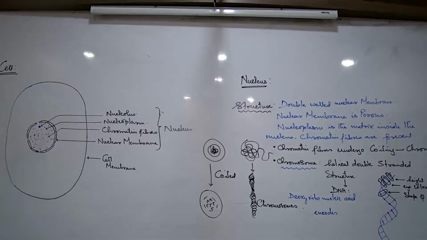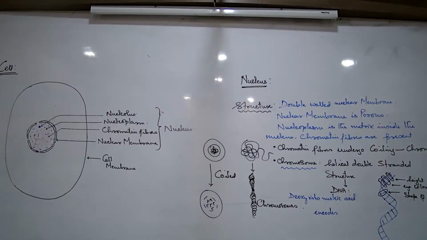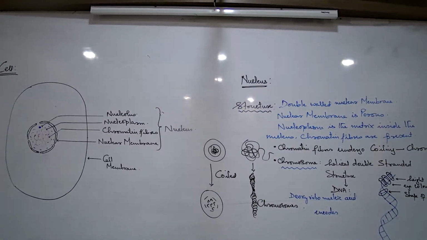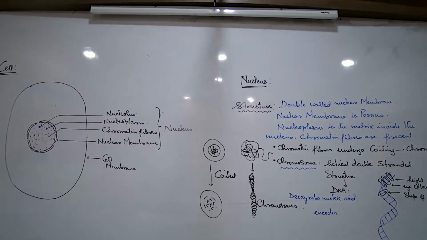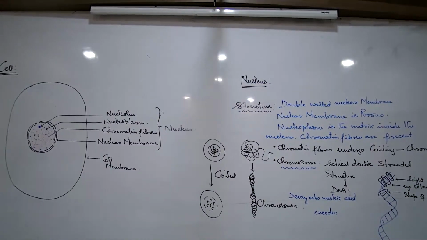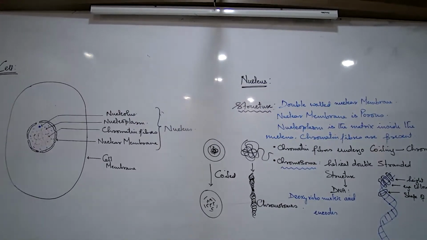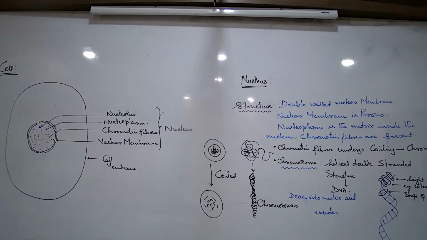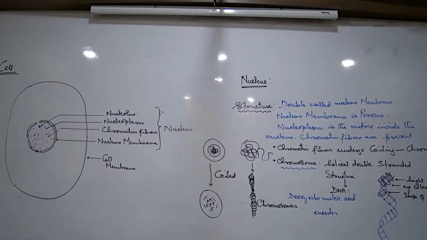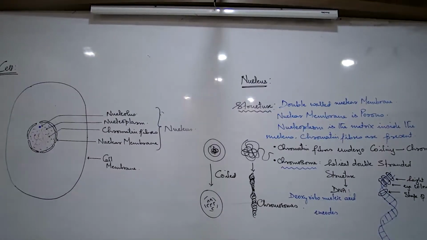Chromosome: they are present in a mature cell ready to divide. Number 3, under chromatin: they are not visible under the microscope.